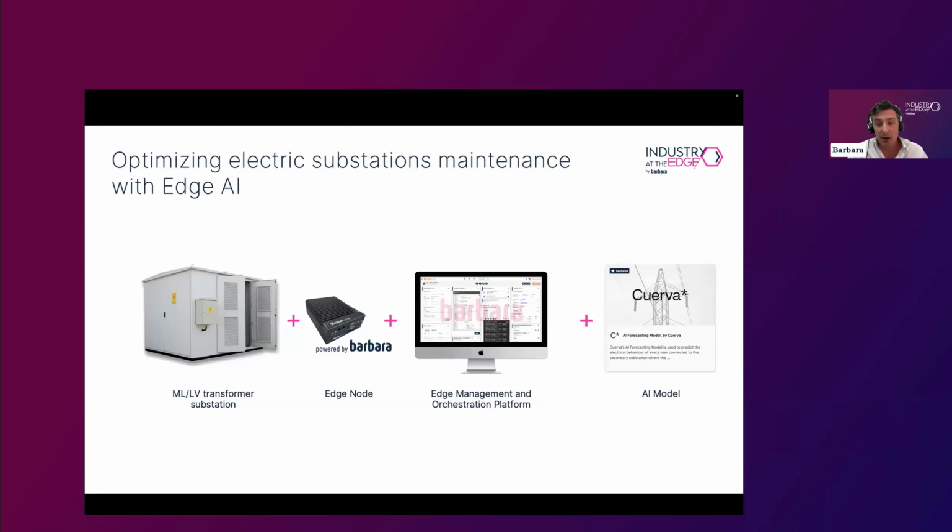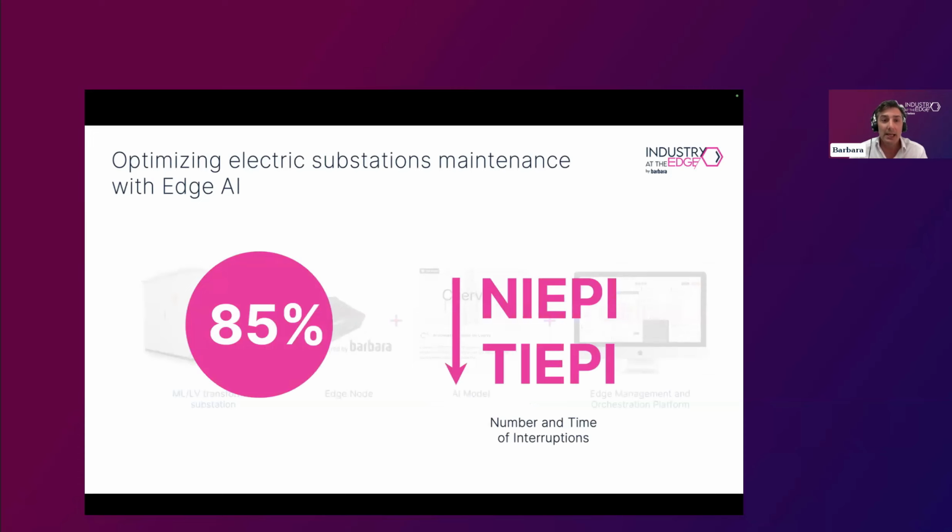You can not only acquire the data from sensors, actuators, but also train algorithms and, of course, deploy algorithms and databases and dashboards to the edge. So this was a very, very successful process, and our partner currently is reducing by 85% the number of interruptions and the time that the substation or some of the assets of the substations are interrupted.